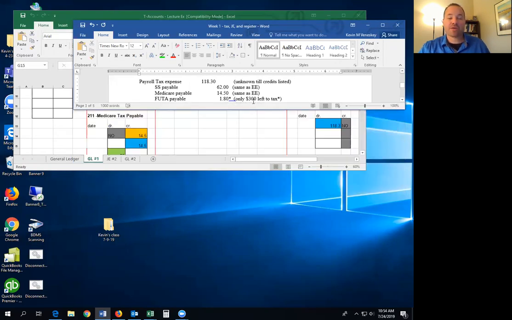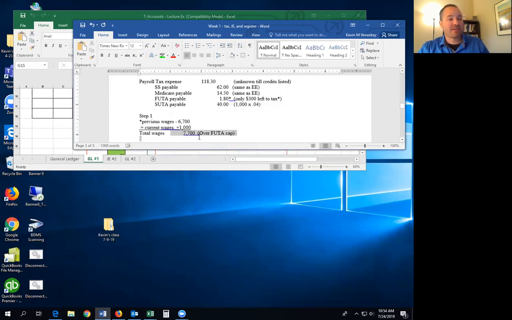So if I take 300 times 0.006 or 0.6%, I get $1.80. $300, that's how much was left, times 0.006.